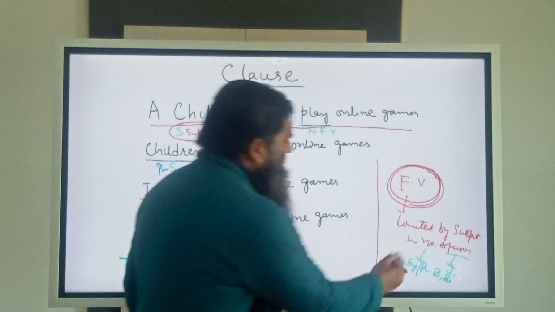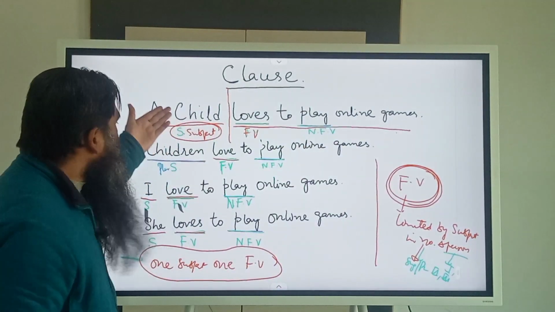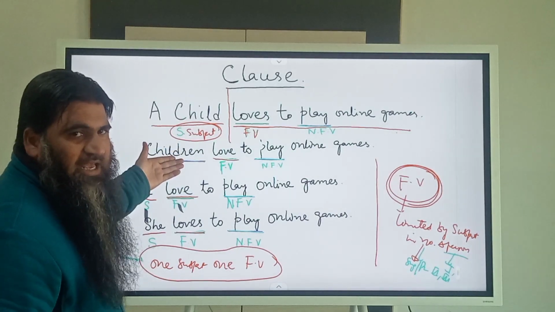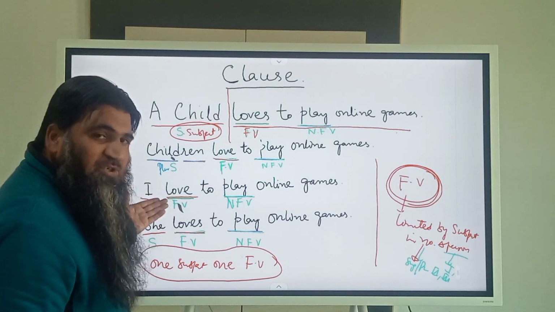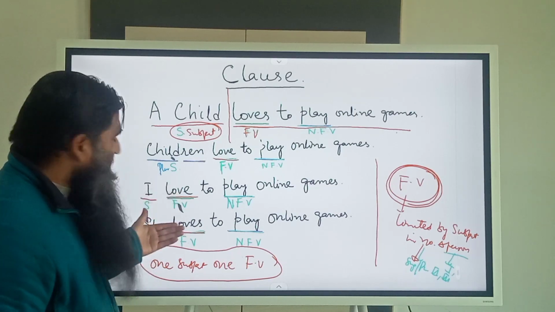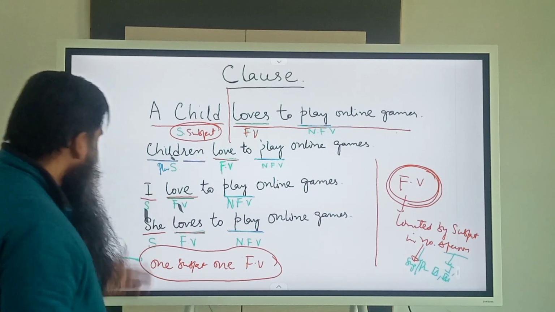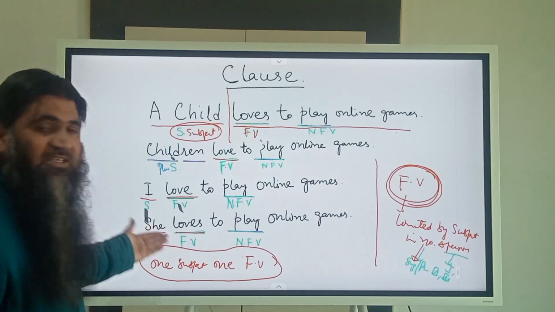What does that mean, in number and person? Number means whether the subject is a singular subject like in the first sentence, or a plural subject like in the second sentence. Person means whether the subject is a first person pronoun, second person pronoun, or third person pronoun, like the third sentence which has a first person pronoun as subject, and in the fourth sentence we have a third person pronoun as the subject.